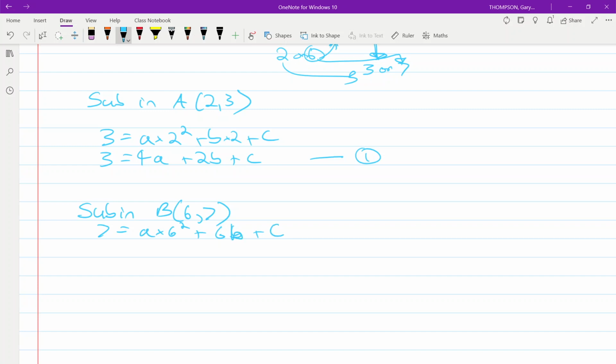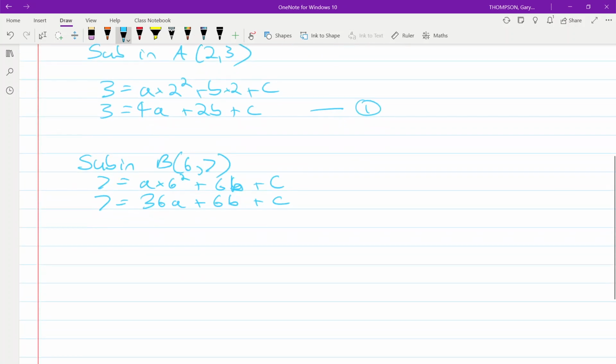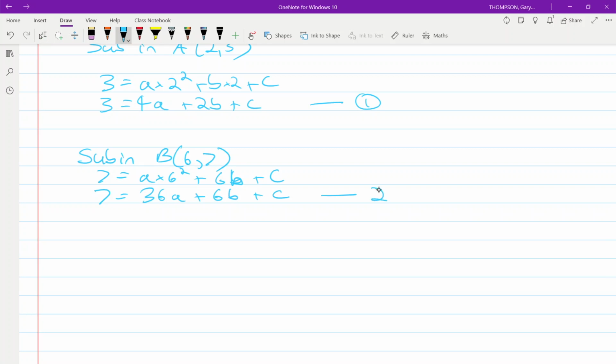In other words, 7 is equal to 36a plus 6b plus c. Now I could simplify that, like I could bring out a common factor here, but I don't need to right now. I'm just going to leave it like that. So this is equation 2.